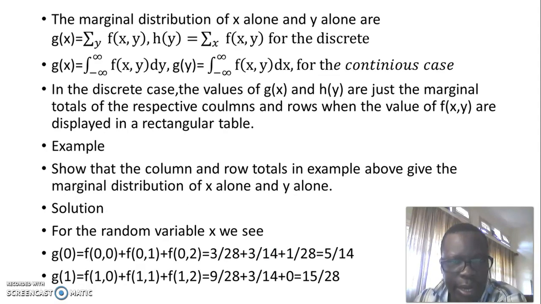We also need to understand other terms under random variables. One is the marginal distribution of x alone and y alone. So the marginal distribution of x is given by the sum of the joint distribution over y. Okay?